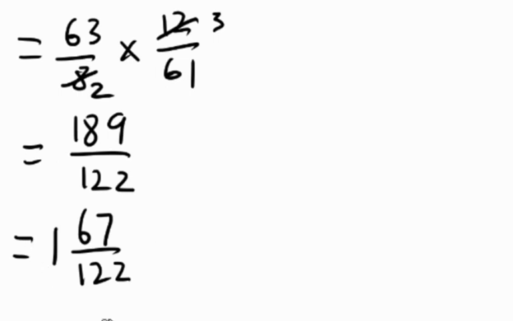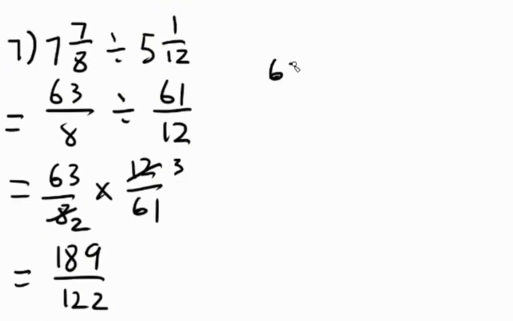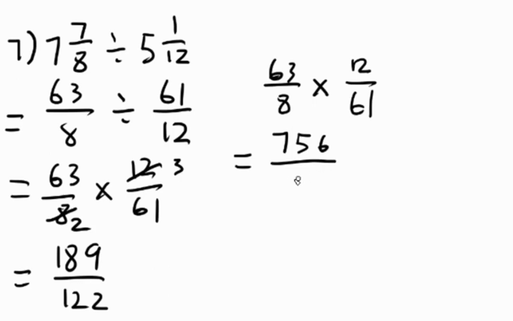Now, if you don't want to simplify the 8 and 12, we can still get the same answer. So 63 over 8 multiplied by 12 over 61 would equal 756 over 488.